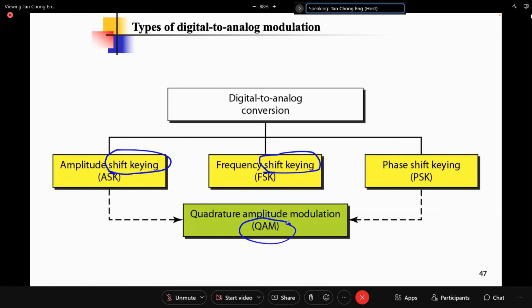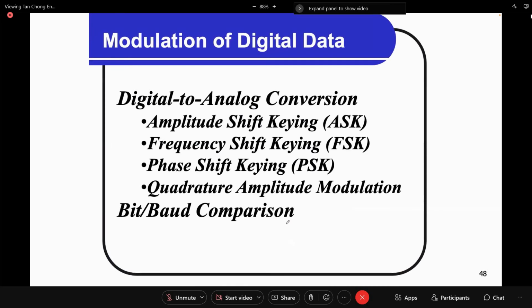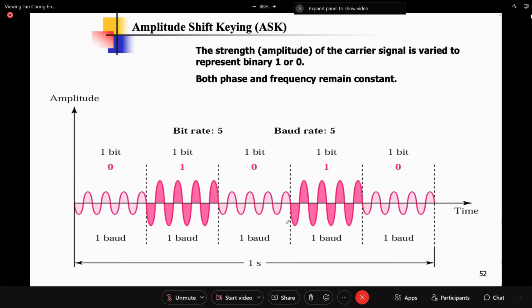QAM has been used widely in digital transmission, which of course involves digital to analog conversion. So these are the techniques that are being shown. This is one example.